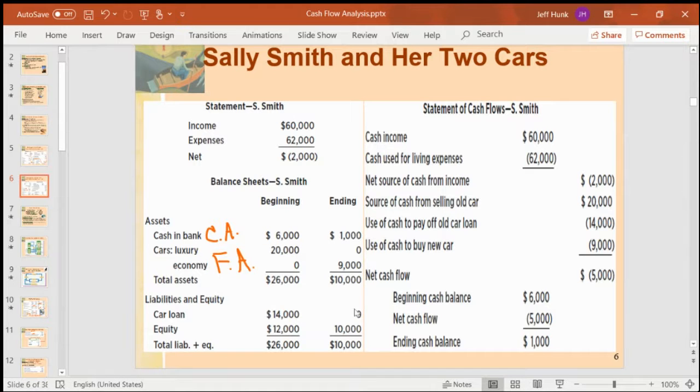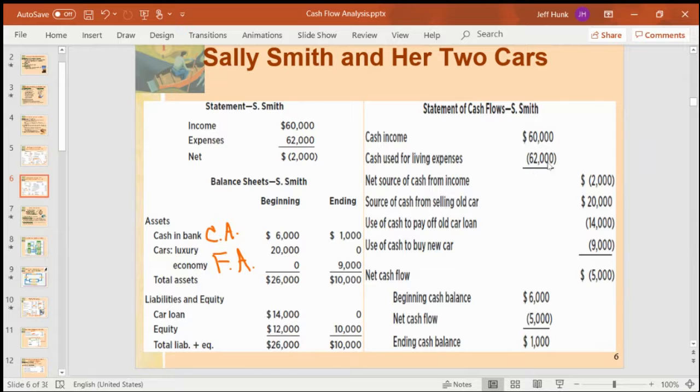Okay, so no more car loan, and her equity went down from 12,000 to 10,000. So her liabilities and equity is also 10,000, so balanced out. So now let's look into what caused the change in cash balance and equity position, right?